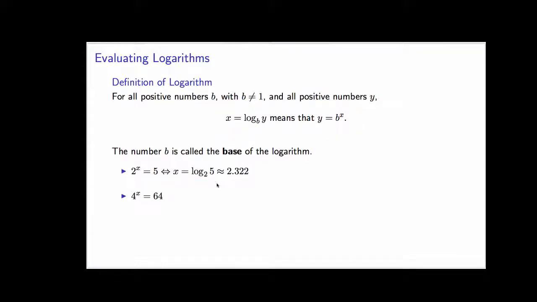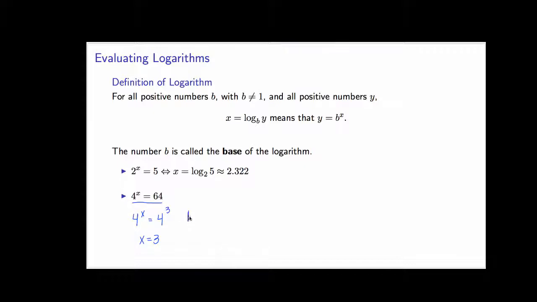Our next exponential equation is 4 to the x equals 64. Notice this exponential equation we actually can solve because we know that 64 is the same as 4 cubed. So equating our exponents gives us x is equal to 3. So let's rewrite this exponential equation 4 to the x equals 64 in logarithmic form.